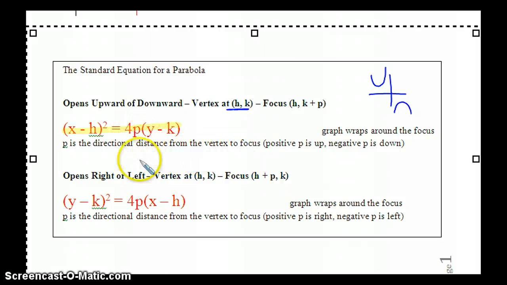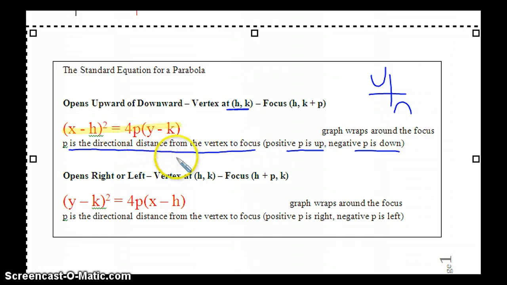It says directional distance, that means whether it's positive or negative. If p is positive, it's opening up. If p is negative, it's opening down. And like I said, (h, k) is the vertex, p is the distance from the vertex to the focus.